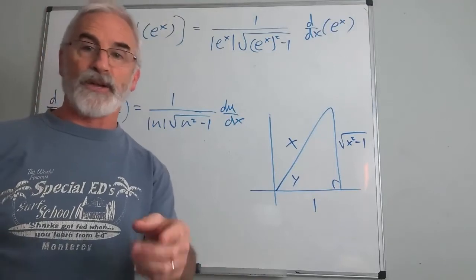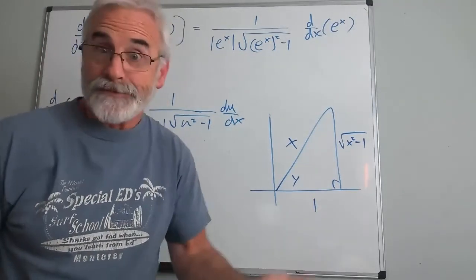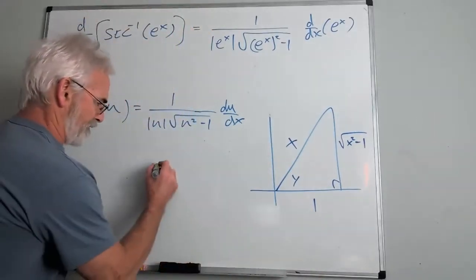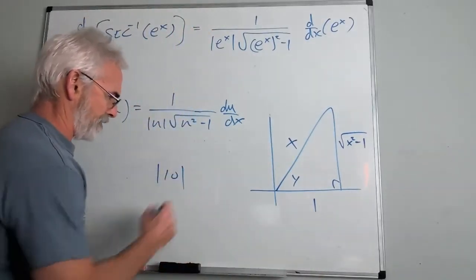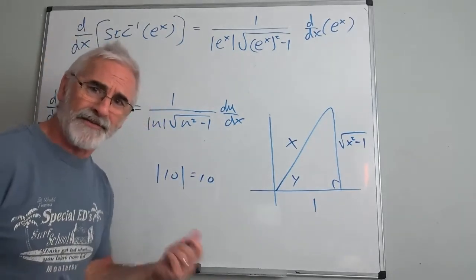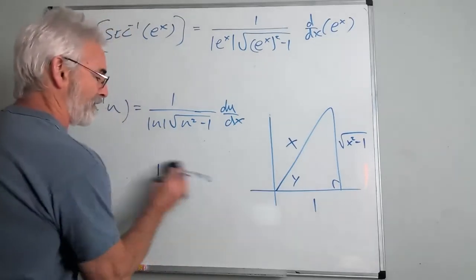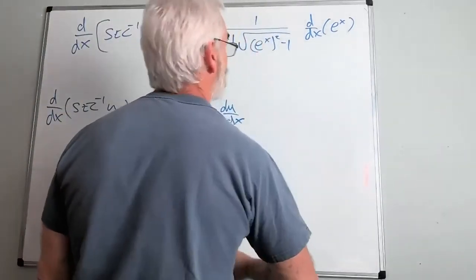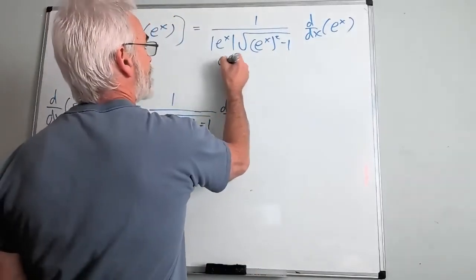If I take the absolute value of a positive number, it's the same number. It's bad form to ever write, and my answer is the absolute value of 10. Well, that's just 10. You don't write absolute value of 10, it's just 10. The absolute value of e to the x is e to the x, because e to the x is strictly positive. So I'm going to write, that's just e to the x.